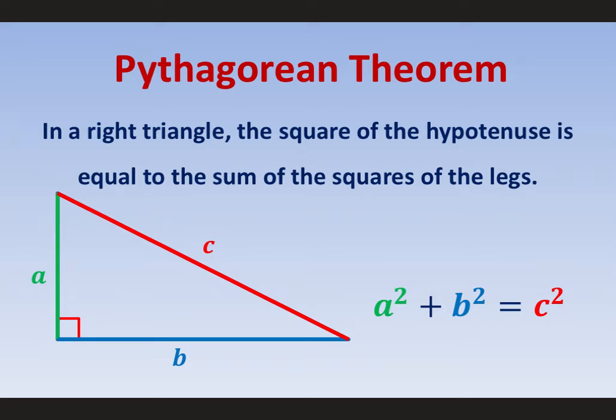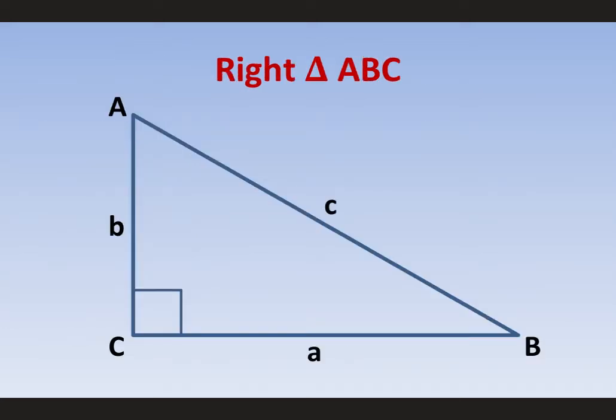Okay. So when we are doing our right triangles and we're solving our right triangles, I often like to draw them kind of the same way every single time to keep things consistent. So if I give you a right triangle and I give you some of the values, like the angle A or the angle B or the angle C, or the side A, side B, side C, I like to set it up this way where A is up top, B is down on the right, and oftentimes we make C the 90-degree angle.